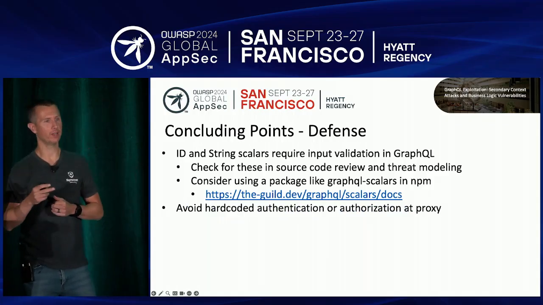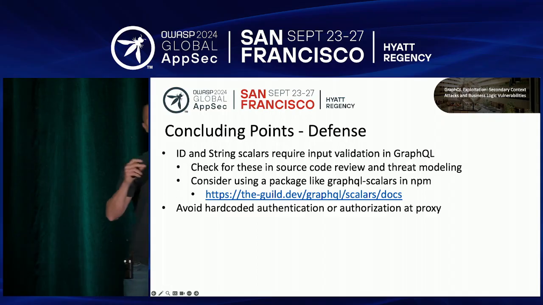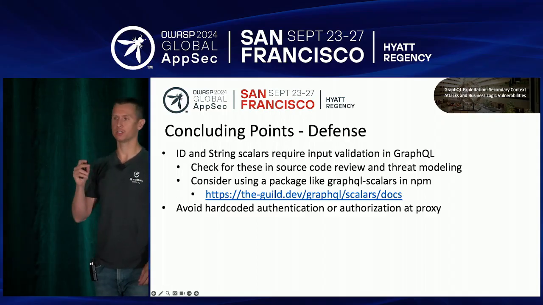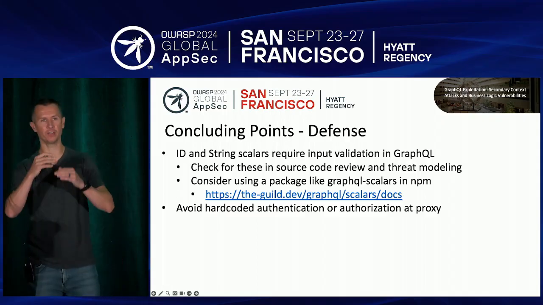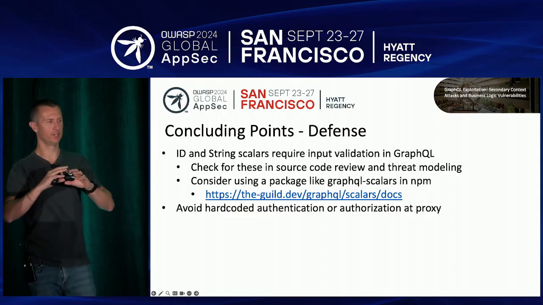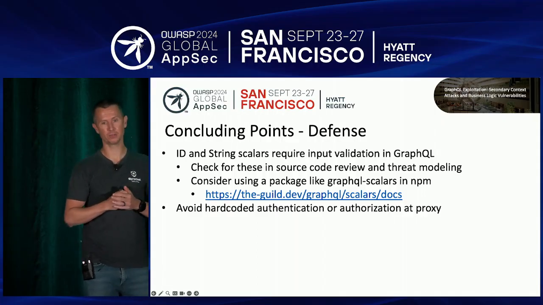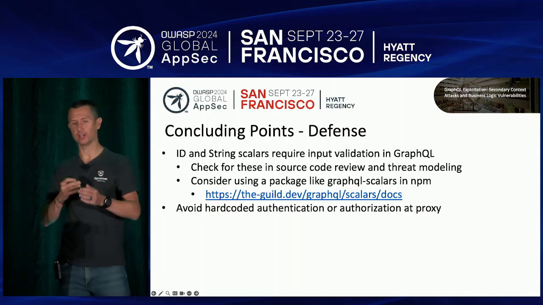And then the second one, and I definitely feel for the security engineers on this one: avoid hard-coded authorization or authentication at the proxy, at the BFF, at that center point between the untrusted zone and the trusted zone. I feel for them because it's a hard job to track that down and know if that's in place.